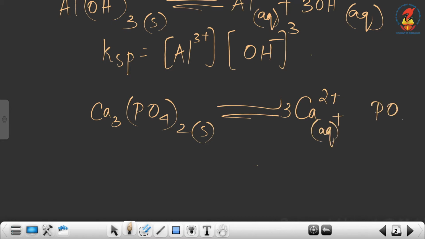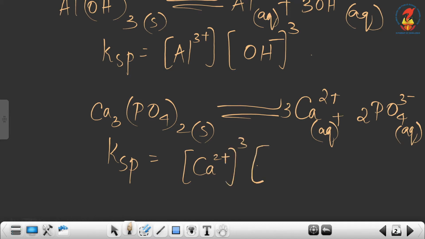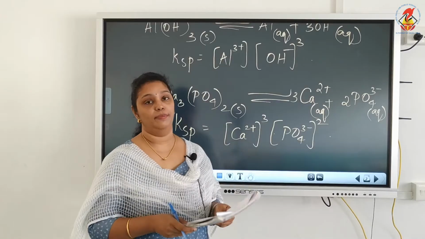Phosphate ion is PO4 3 minus, and here we have PO4 twice, so we will have 2 PO4 3 minus. Now, when we write the expression for the solubility product, Ksp will be equal to concentration of Ca2 plus raised to 3 into concentration of PO4 3 minus raised to 2. So this is the expression for solubility product.